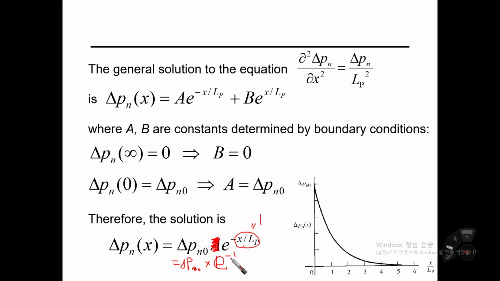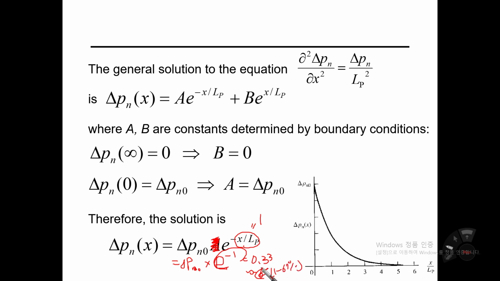So exponential minus 1 is almost, if I remember correctly, 0.33, about 1 minus 67%.